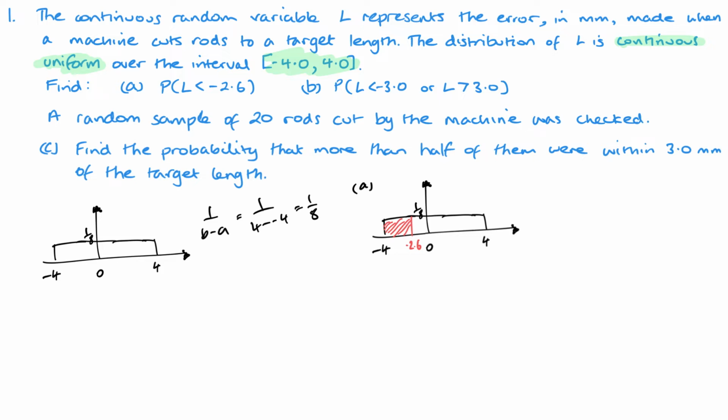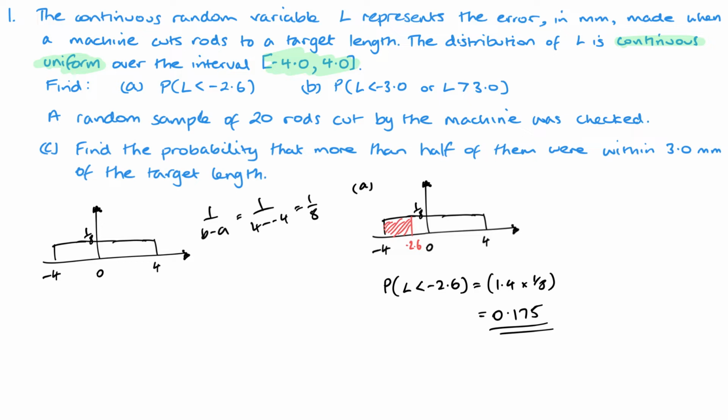So it's just the area of a rectangle. The probability of L being less than -2.6 is the difference between -2.6 and -4, which is 1.4, times the height 1/8, and that will give me 0.175.